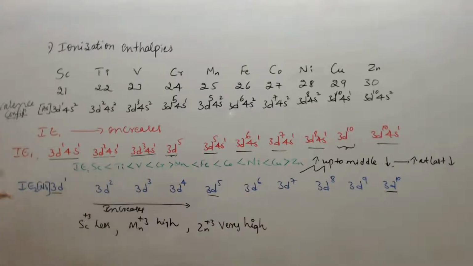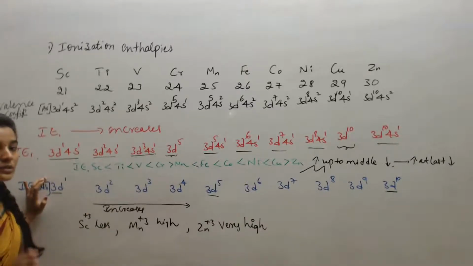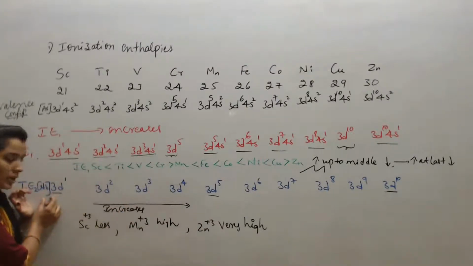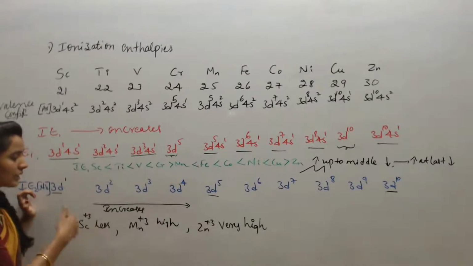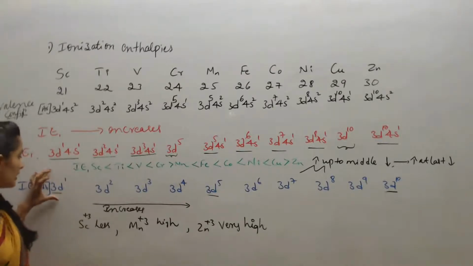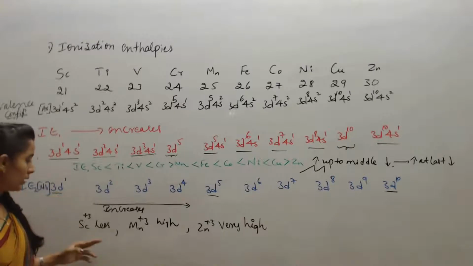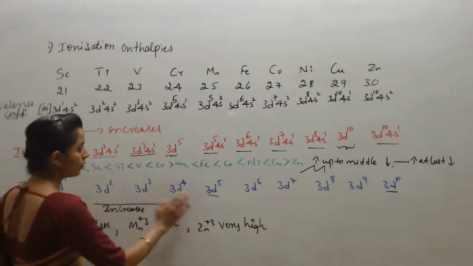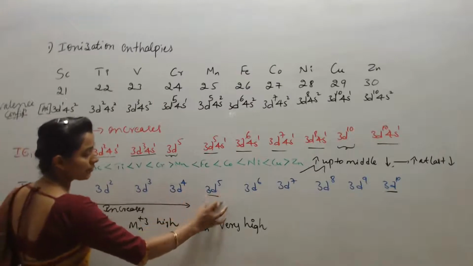So each and every atom wants to be stable, which means it easily loses one electron to attain this noble gas configuration. So that's why scandium easily donates this electron, which means it requires less ionization energy. And then as we move, it keeps on increasing and it is high for what?